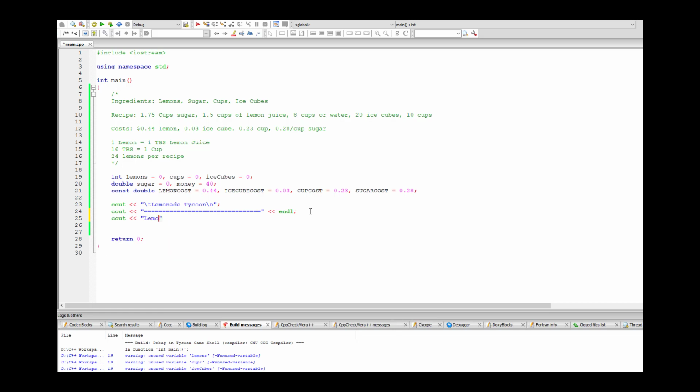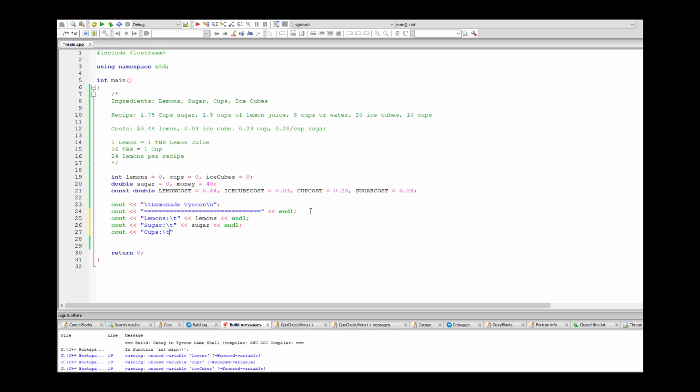So lemons, tab, lemons, end line, sugar, tab, sugar, end line, cups, tab.